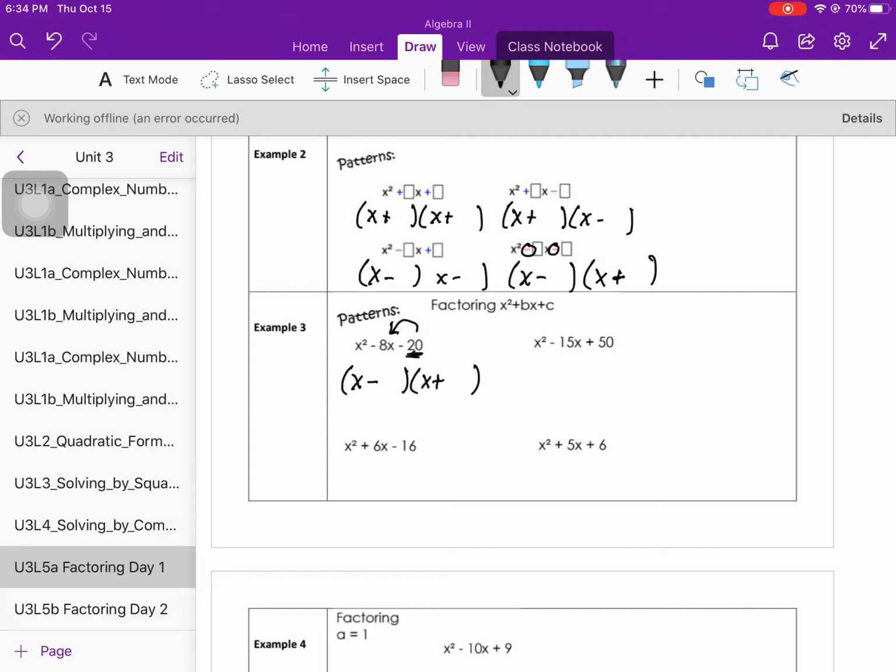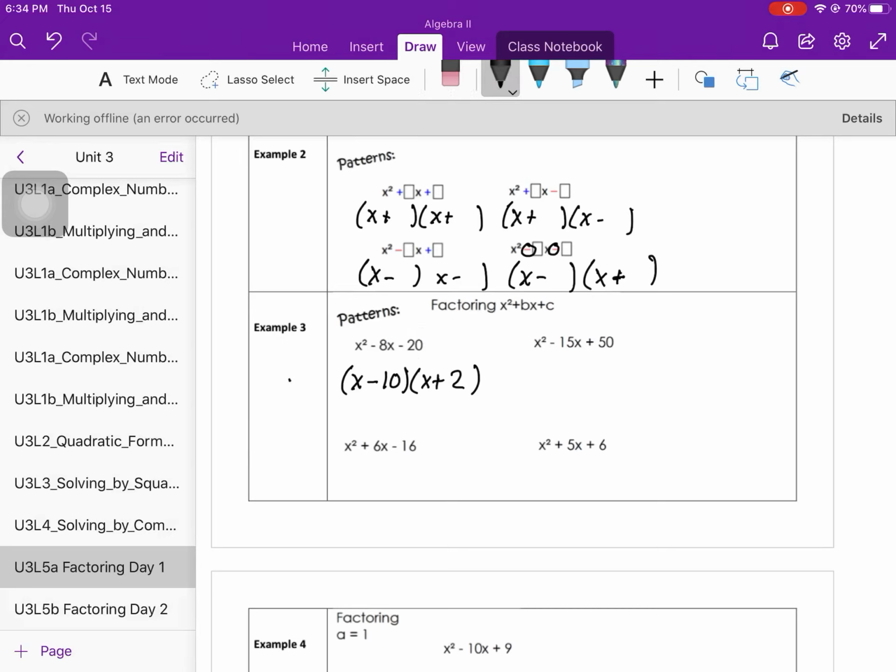If we list the factors out, we know there's 1 times 20, there's 4 times 5, and then there's 2 times 10. Thinking about those, 2 and 10 are the only ones that have a difference of 8. And the bigger number has to be the negative, because we have to subtract to make negative 8. So it's x minus 10 and x plus 2.